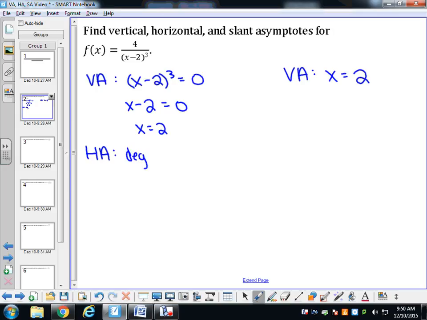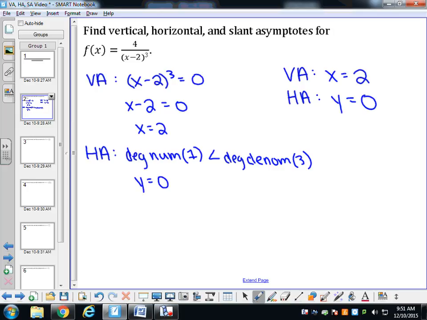Since the degree of the numerator is 1 and the degree of the denominator is 3, the degree of the denominator is bigger than the degree of the numerator. This implies that my horizontal asymptote is 0.